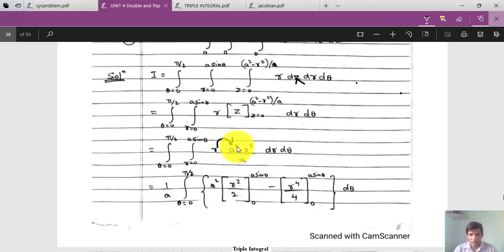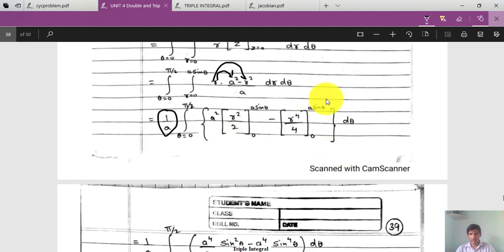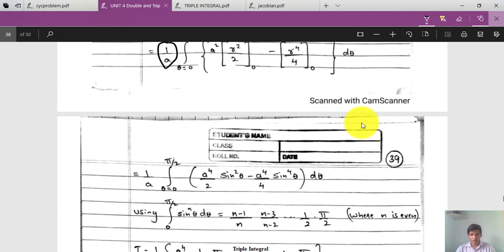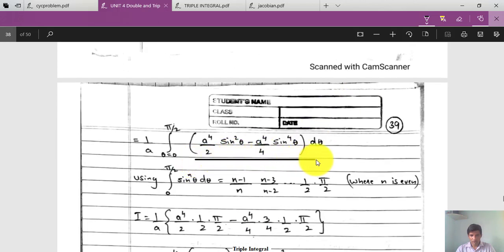This a square I am taking outside, 1 by a of this particular thing I have taken outside, and from here a square outside, and the integration of r is r square by 2 over the limit 0 to a sine theta, minus, then this r square again I multiply here. Already I have taken this 1 by a, so this turns out to be r square divided by 4 over the limit 0 to a sine theta, and the whole thing into d theta.